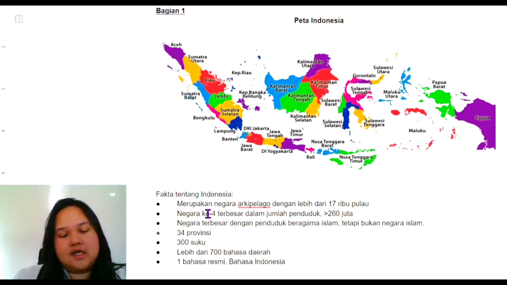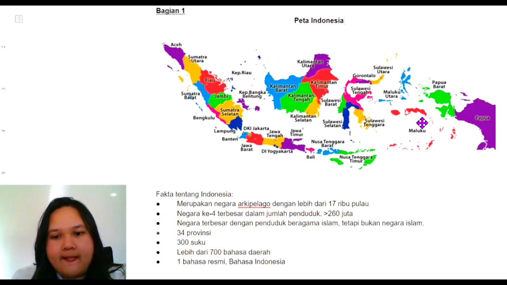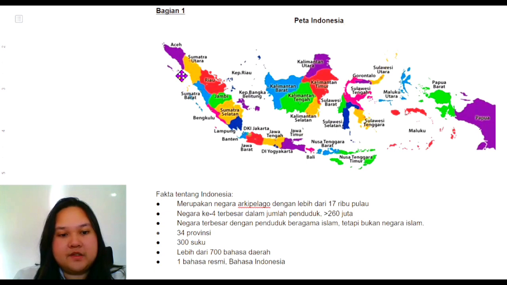The first is Indonesia is an archipelago country, atau negara archipelago, ya, negara archipelago in Indonesian, which consists of more than 17,000 islands. As you can see, it's really small, many small islands, and also some big islands.